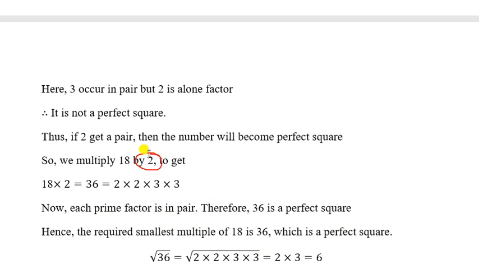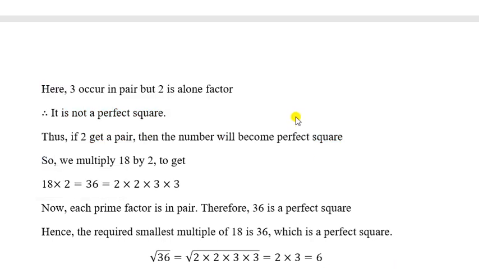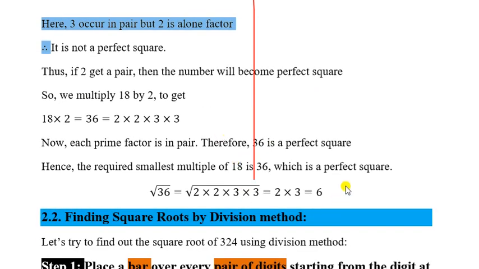Similarly, if we divide by 2, then also it will become a perfect square number, because that term will not come.